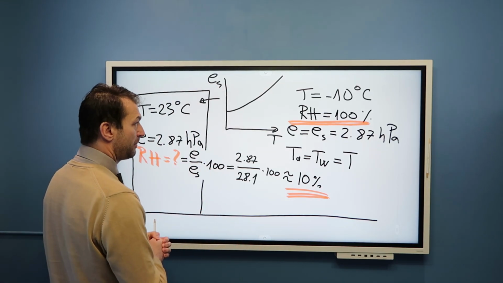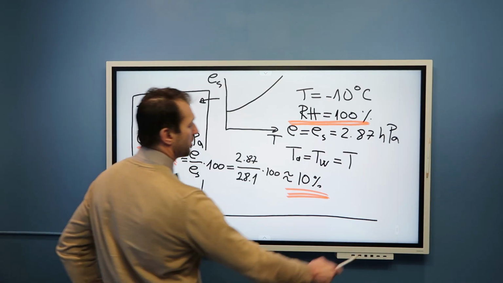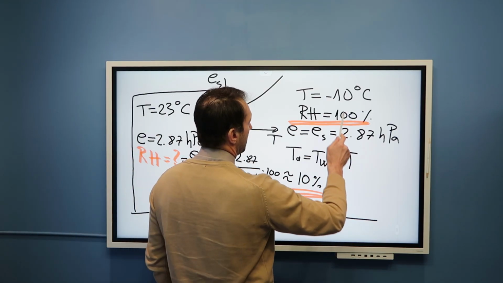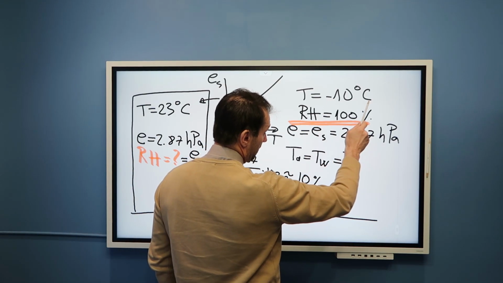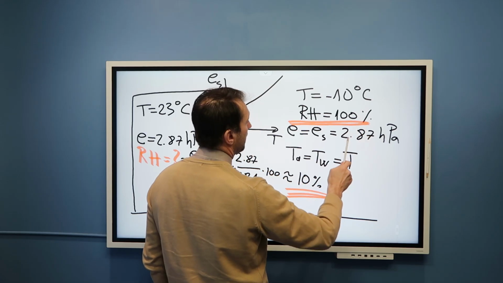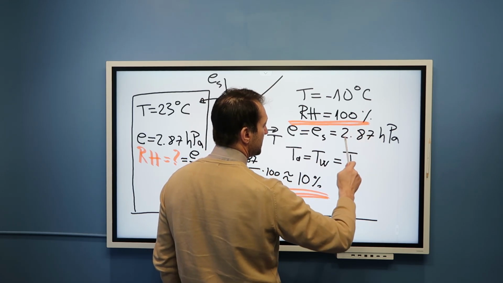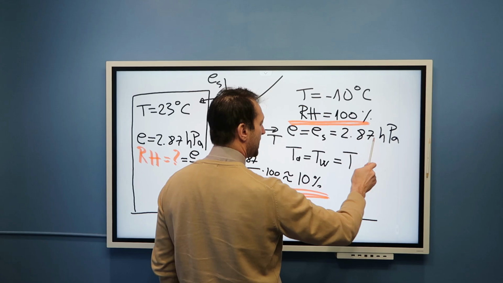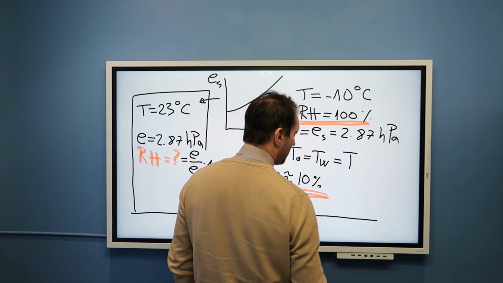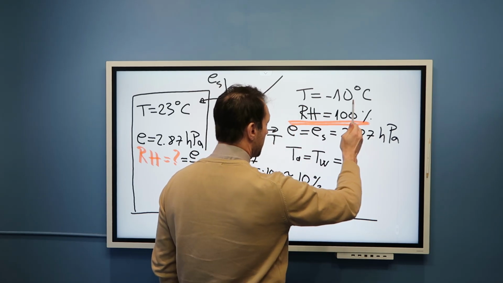Why is this happening? Well, it's happening because at such a low temperature, air gets saturated very easily. 2.87 hectopascals of water vapor pressure saturates the air.